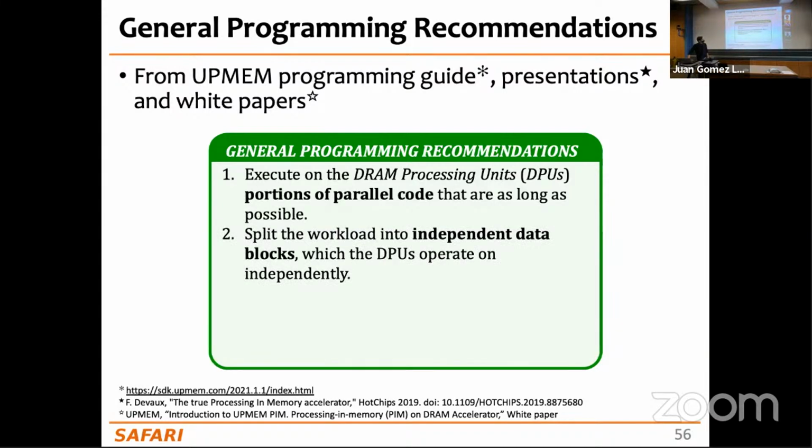Second programming recommendation is to split the workload into independent data blocks, which the DPUs operate on independently. Why is that? Because remember, this is kind of a distributed system. Each DPU has its own memory, its own MRAM bank. So what this means is that if you want a DPU to access data, the fastest way to access this data is if the data resides on the same bank, right? So that's the reason why this is the second programming recommendation.